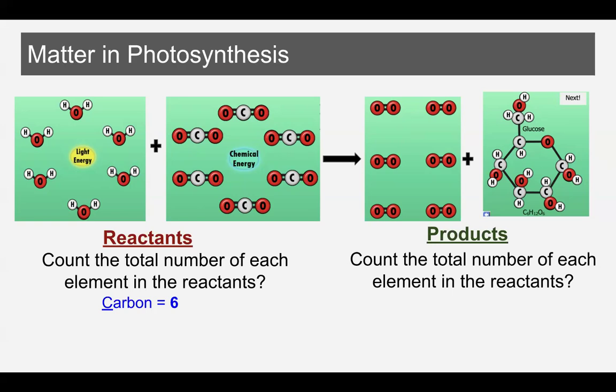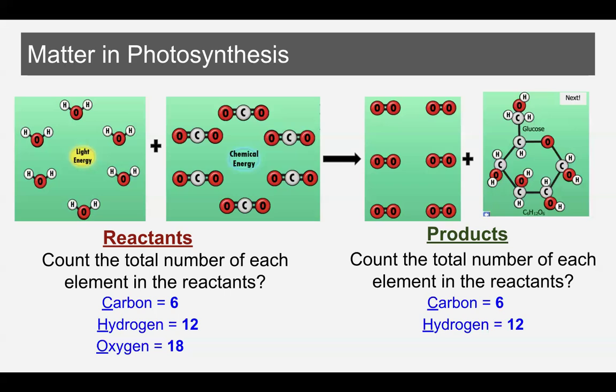Well, in the reactants, there are 6 carbon atoms, 12 hydrogen atoms, and 18 oxygen atoms. In the products, there are, drum roll please, 6 carbon atoms, 12 hydrogen atoms, and 18 oxygen atoms.